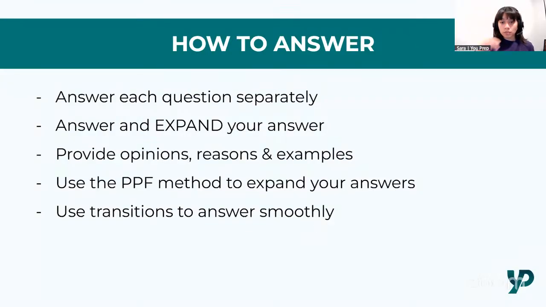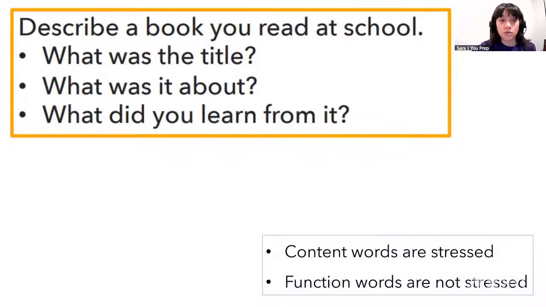So here we said that how we can answer this is exactly answering each question. So here I have three questions, and I need to answer these questions. So what was the title? And don't forget, answer these, have this sample speaking as if you were telling it to a friend. Okay, you can say, I read a book.